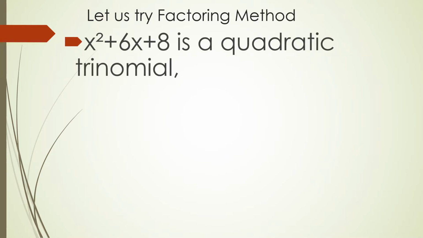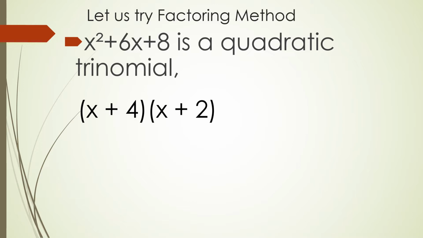Now, let us try the factoring method. X squared plus 6x plus 8 is a quadratic trinomial. Remember, during your grade 9, you learned about quadratic trinomials. The factors of a quadratic trinomial are a set of two binomial factors. Here, I use x plus 4 times x plus 2, and I want to check if these are the right factors.